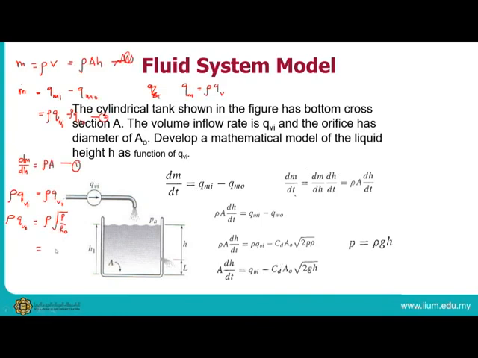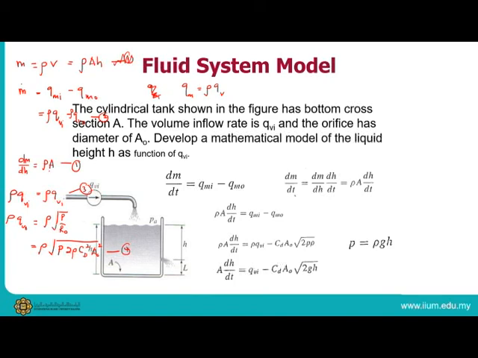If you insert here, you get rho square root of P times 2 rho Cd squared A0 squared. So this is equation number 3, and this is equation number 4.